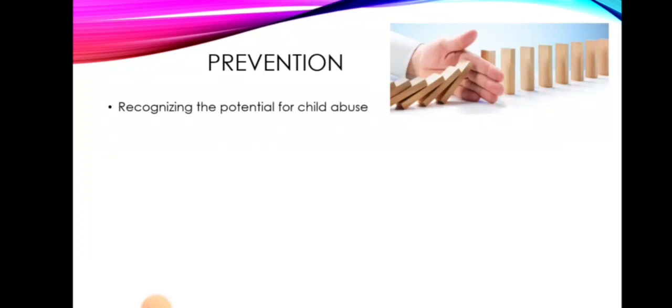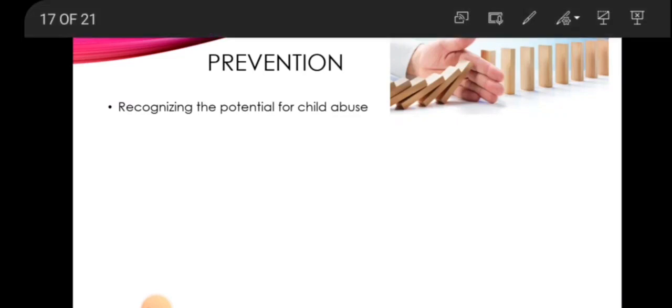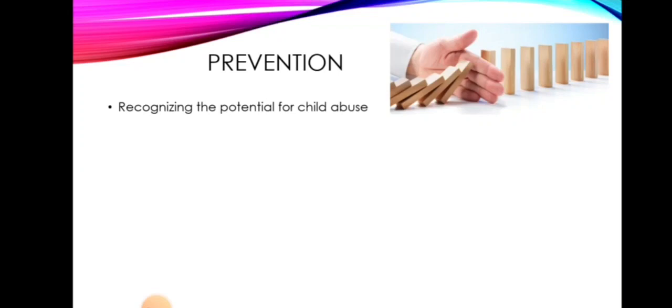First one, recognizing the potential for child abuse. Early recognition is an important aspect to prevent child abuse. Next, offering the earliest medical interventions is essential. And third one, counseling.